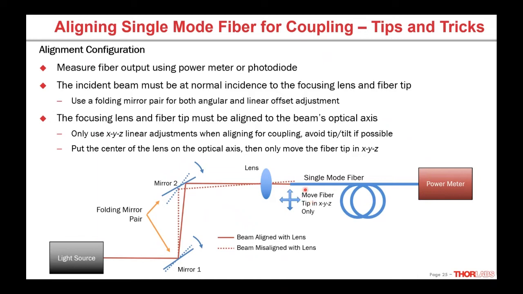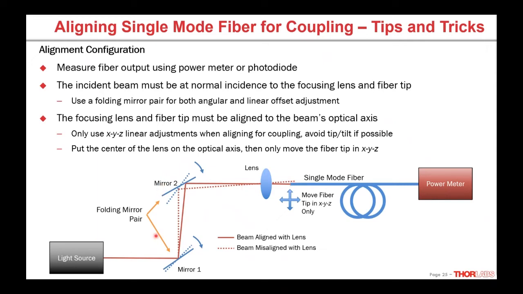If we start introducing tip and tilt into the fiber, or tipping and tilting all the components, it's too many degrees of freedom, and it's pretty hard to get the optimal coupling efficiency. But if we only move things in X, Y, and Z, already having that beam and the lens aligned and already having the fiber tipped and tilted so it's aligned, that's the way to go.